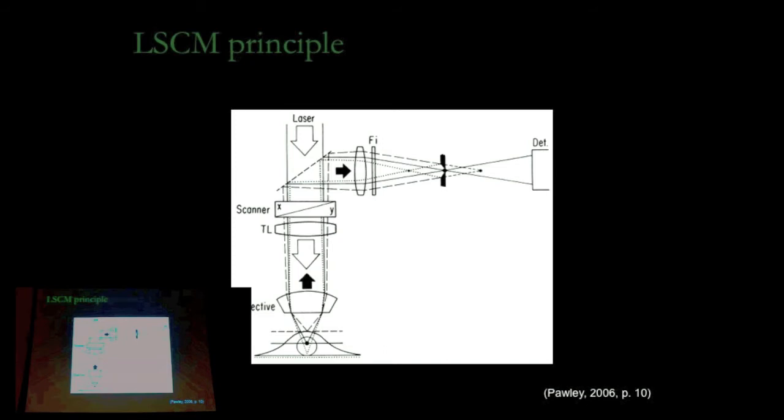So you can set the size of the pinhole to block the rays of light from above and below the focal plane. Okay, so this is how confocality is achieved. You're only allowing light from some region above and below the focal plane to reach your detector, and the rest of the light is discarded.